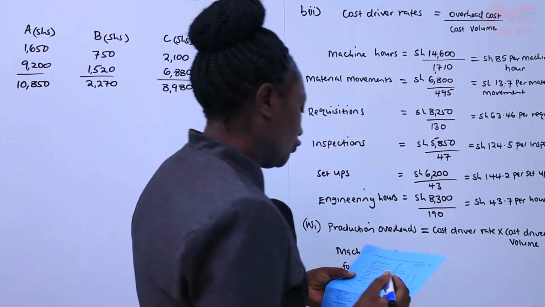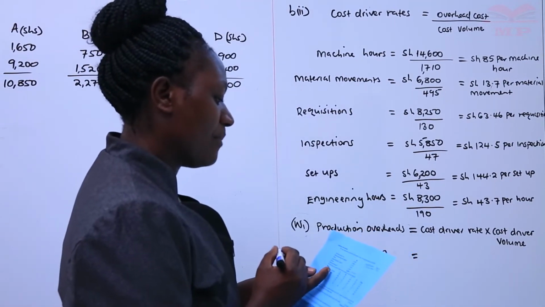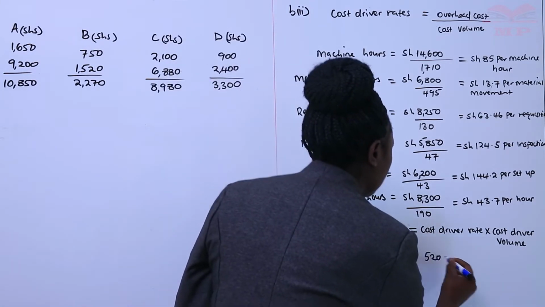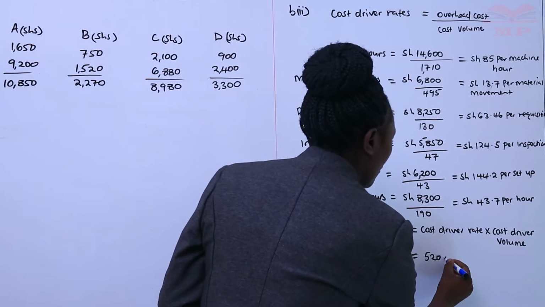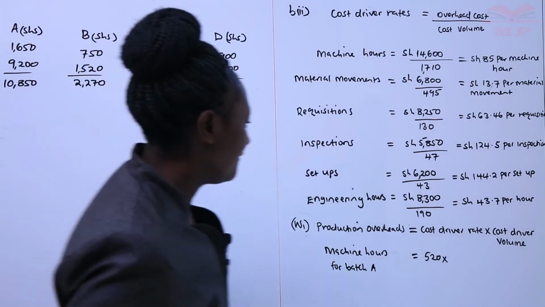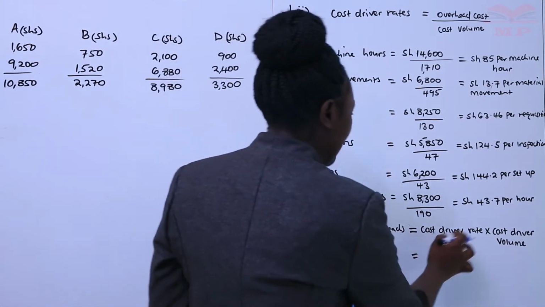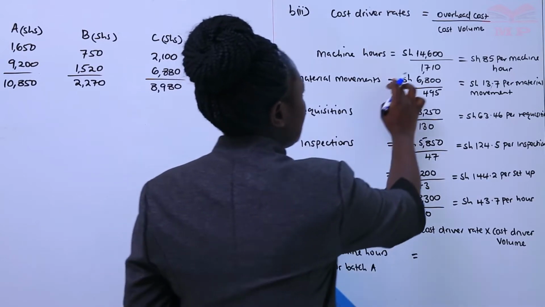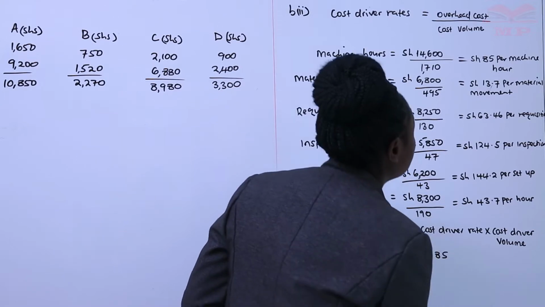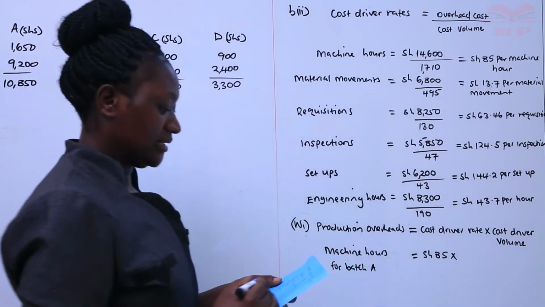It will be equal to batch A, the machine hours for batch A was 520. I begin with the cost driver rate. The cost driver rate for machine hours, as we calculated, was 85 shillings per machine hour, multiplied by the number of machine hours that were given.